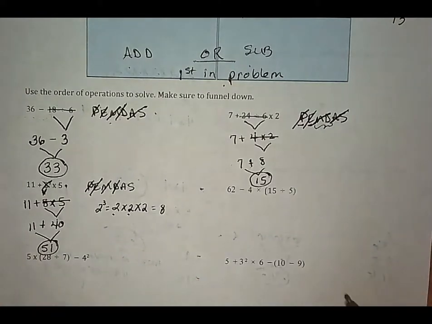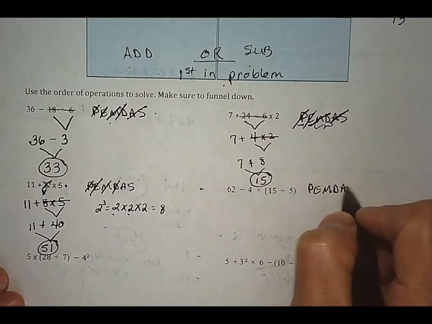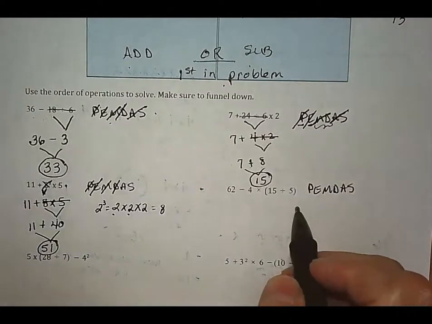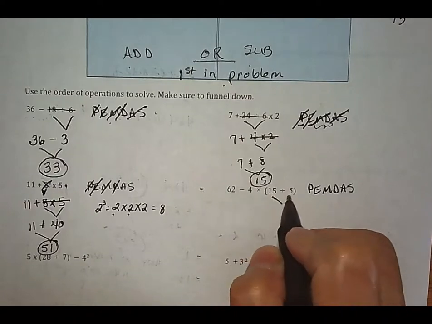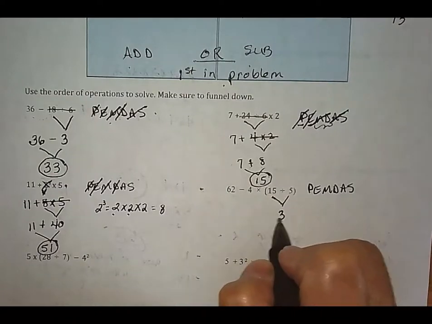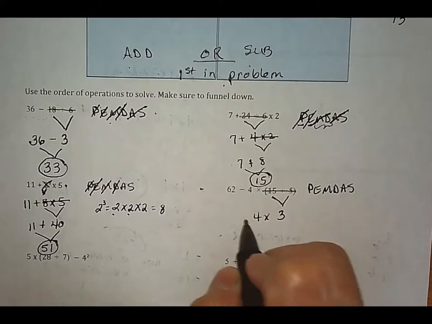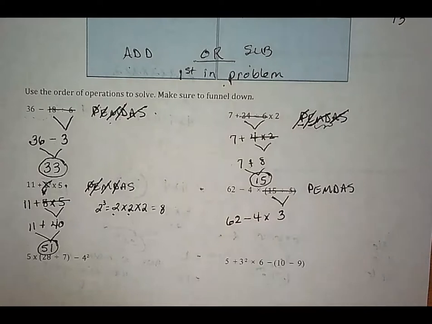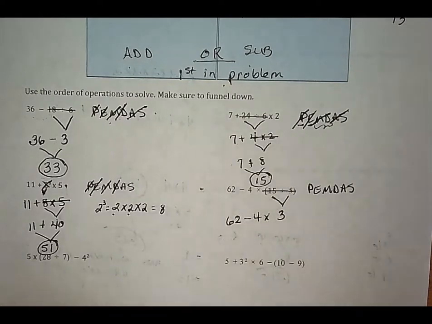Alright, so if I were doing this problem with you, I would have written down PEMDAS first. Then I'm going to look for parentheses, and in this one I have parentheses. So I'm going to do 15 divided by 5 first, which gives me 3. Taking care of that. Bring down the rest of my problem. The parts I haven't taken care of yet, the multiplication symbol, the minus sign, the 62, and the 4.